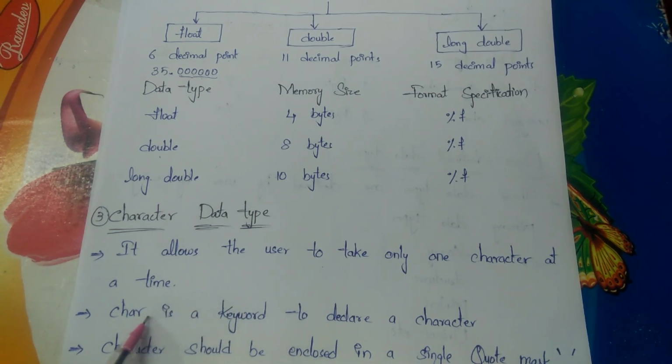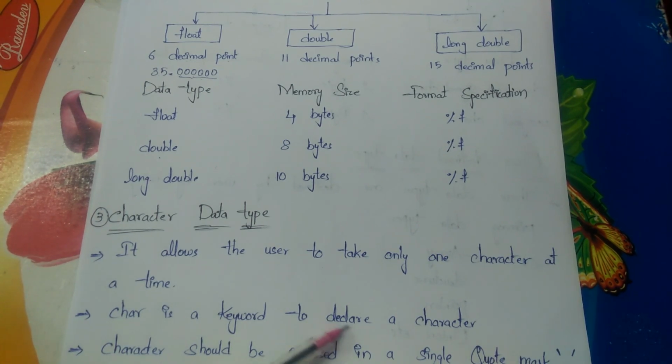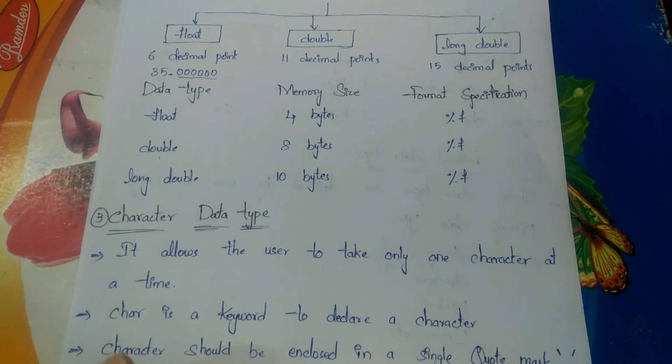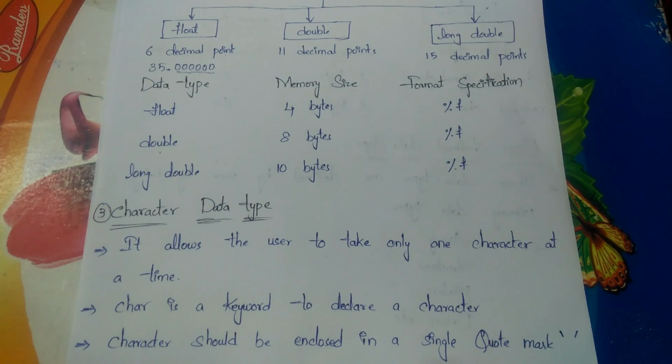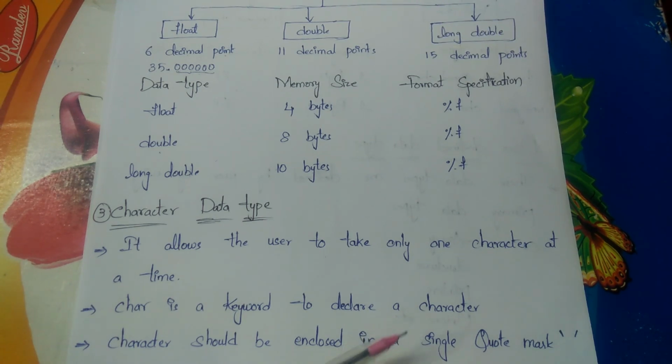This char is used to declare characters. Characters should be enclosed in single quote marks, and within the single quotes we mention only one character. This is about the character data type.